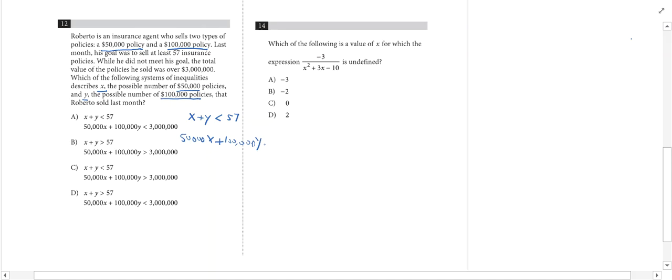So added together, they told you it was over 3 million. So that means it should be greater than 3 million. One more zero here. 3 million. Okay. So when you look at that, you can see that C is exactly what we have here. So that's why number 12 is C.